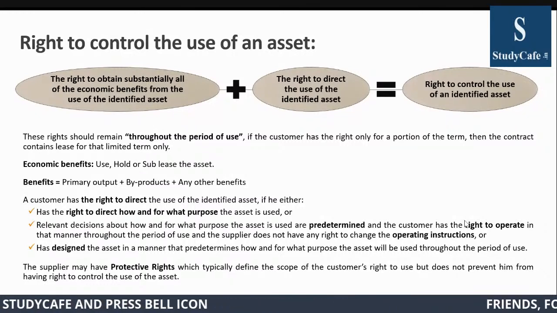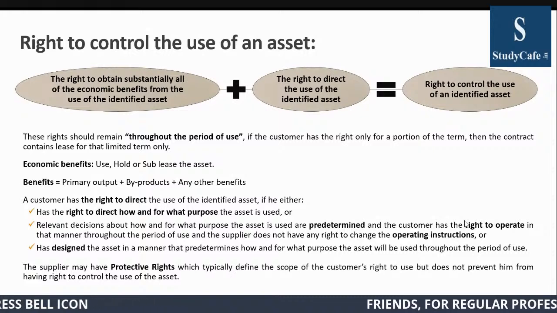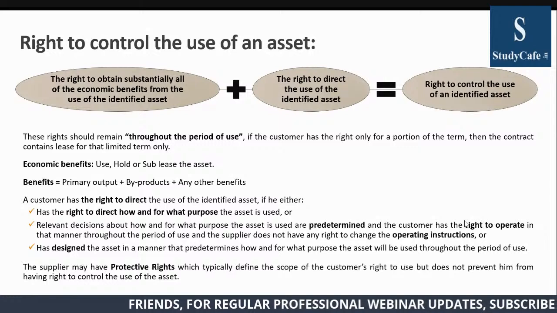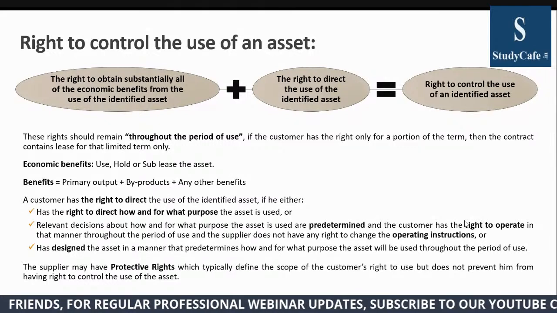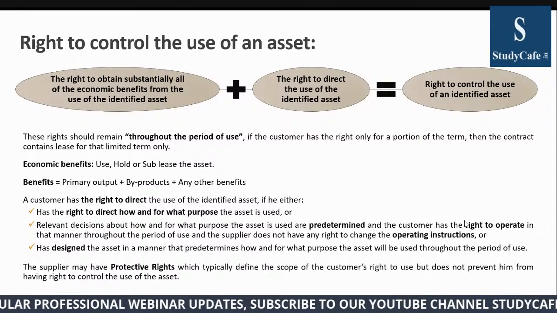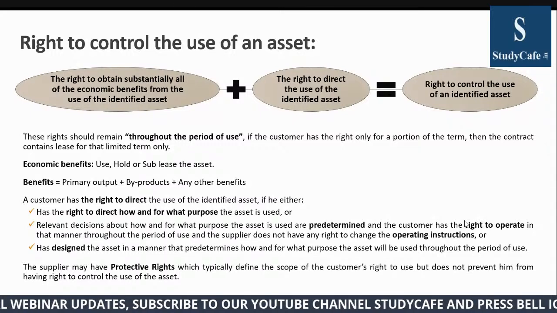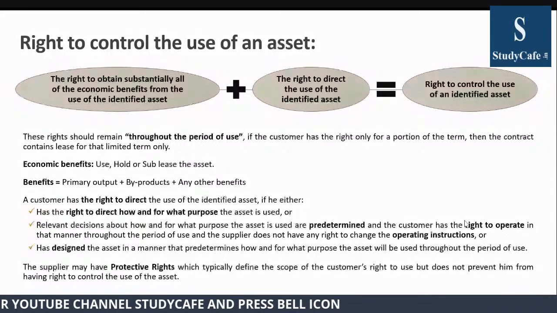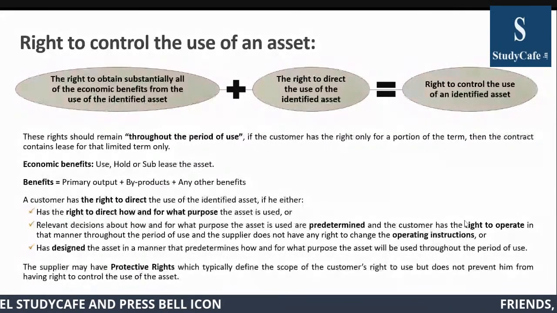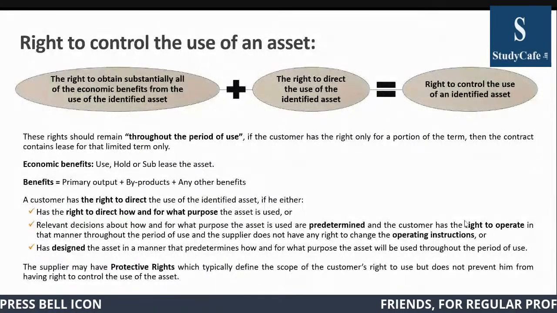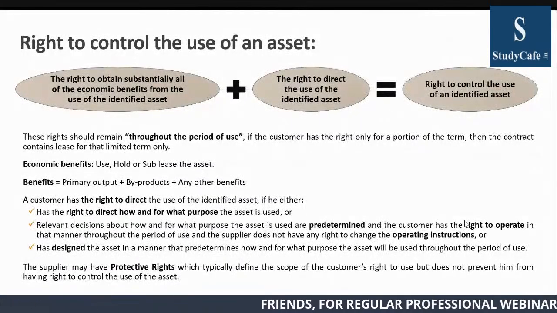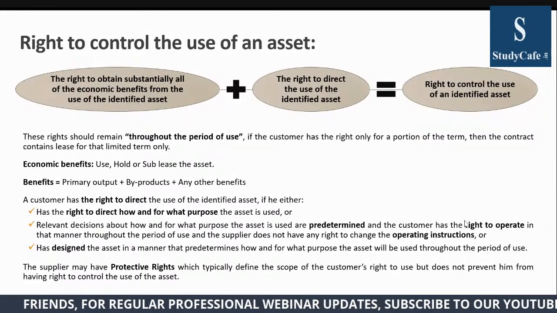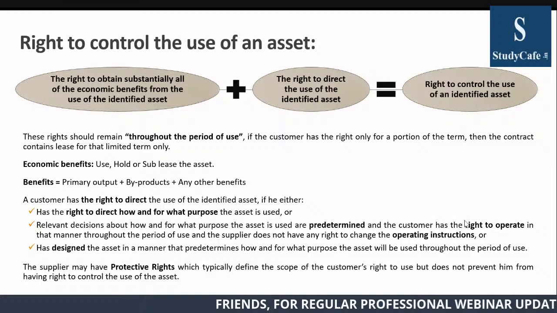And the lease term was 5 years. But as per the contract, after 3 years, the lessor has a right to tell me that I cannot sell non-vegetarian food. So in that case, for 3 years only, I have an exclusive right, but for the rest of the 2 years, I don't. So in this case, the contract will be considered as containing a lease for only 3 years for lease accounting.